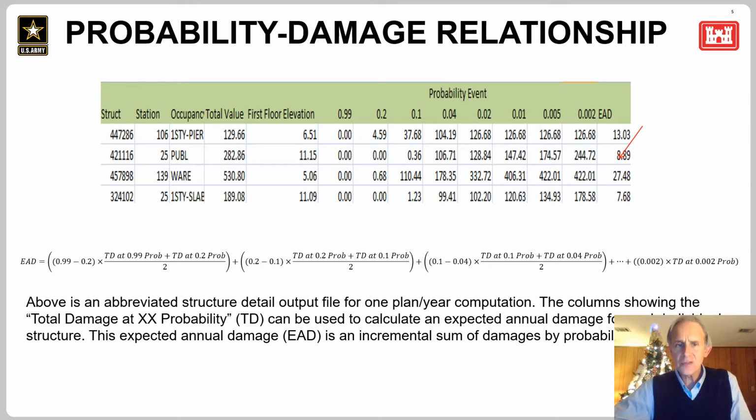These are structure records with the ID number, the total value, and the first floor elevation, and it shows the different probabilities and the damages associated with them. The formula is the difference between the probabilities times the average damages between each two probabilities. You incrementally add those up, and it gives you your expected annual damages. That's explained in the formula below. It's a little beyond this course, but if you wanted to learn how to calculate expected annual damages, it's there for you on this slide, calculated using the probability damage relationship.